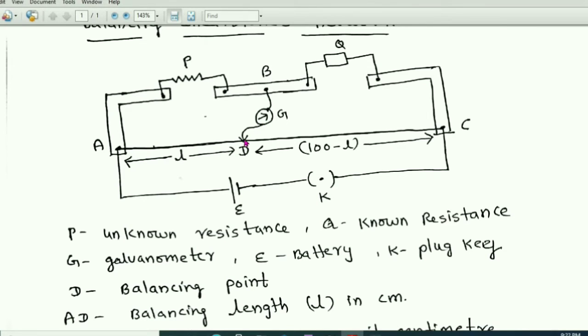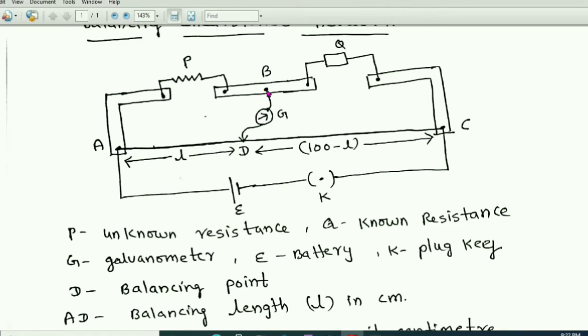The jockey is a metal rod which has a knife edge at one end and which can be slid on this wire. The jockey is used to find the balancing length.